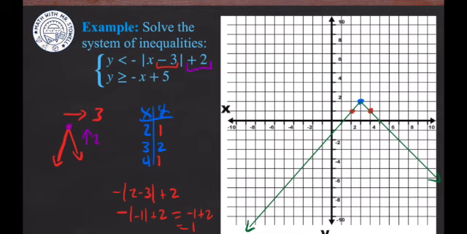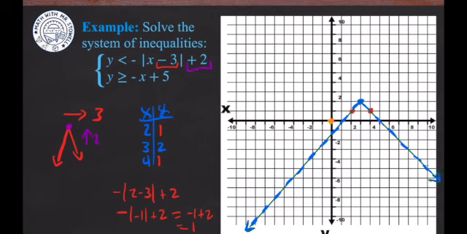Let's check to make sure that it's either solid or dashed. It is dashed because there is no equal to on that. So this is going to be a dashed line. So let's make this dashed. Finish dashing this. We have to figure out which side it's going to be shaded on.